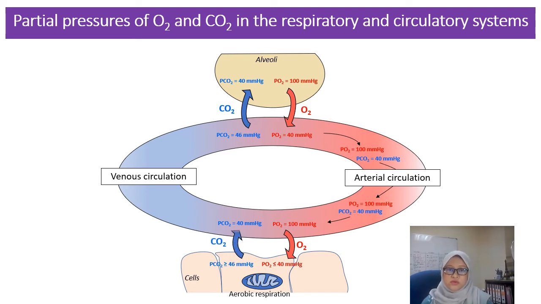Oxygen will diffuse from the blood into the tissues, whereas carbon dioxide will diffuse from the tissues back into the circulation. So this deoxygenated blood will be transported via venous circulation back to the lungs. And when the blood reaches the respiratory membrane, the gas exchange process will occur again.